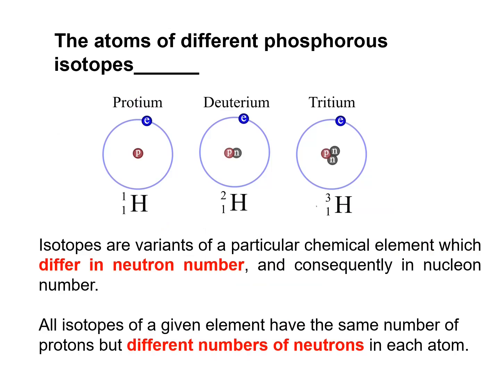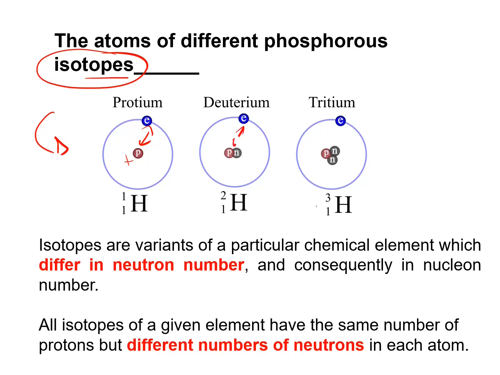Okay, now this question: the atoms of different phosphorus isotopes. So first thing to answer this question is you need to remember what is an isotope. And here we have the easiest isotope, the different isotopes of hydrogen. So here you have protons and electrons. You change, there is no neutron.